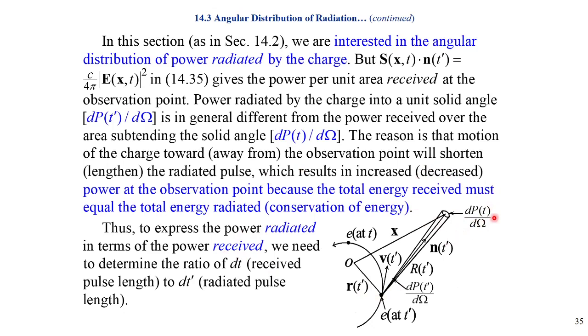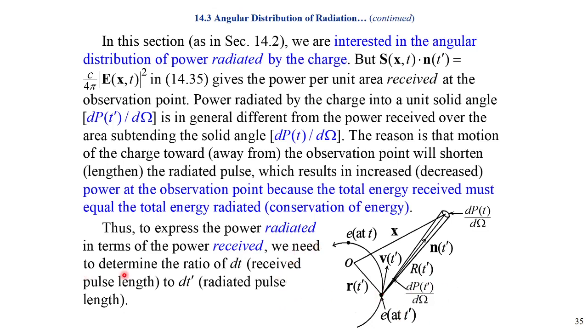Right now we just write here, but now we want to express here. Lastly, we want to express the power radiated in terms of the power received. The power received we already know very well, but we want to know the power radiated from here.